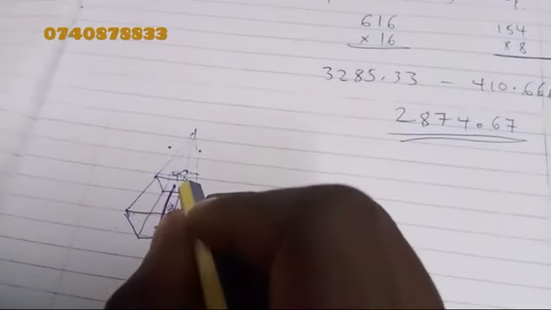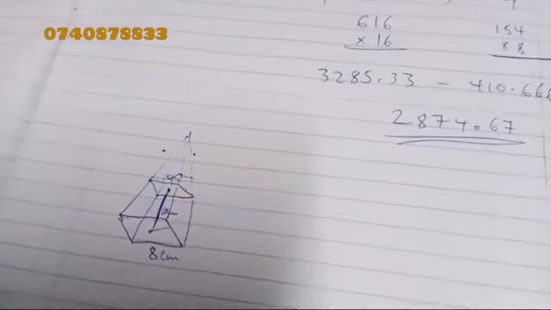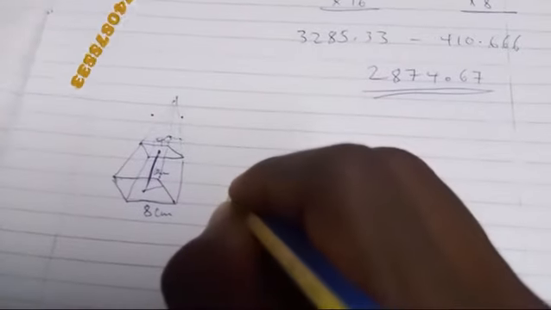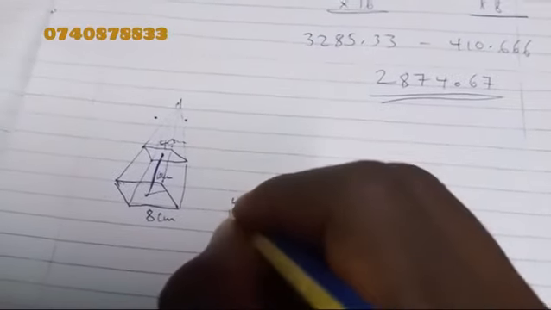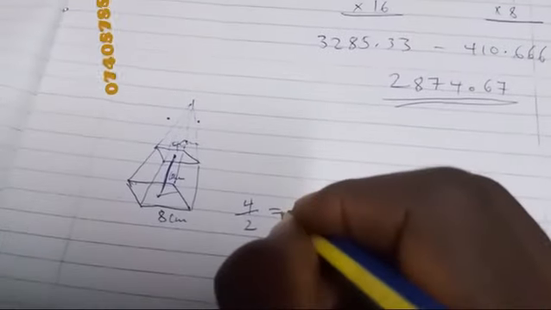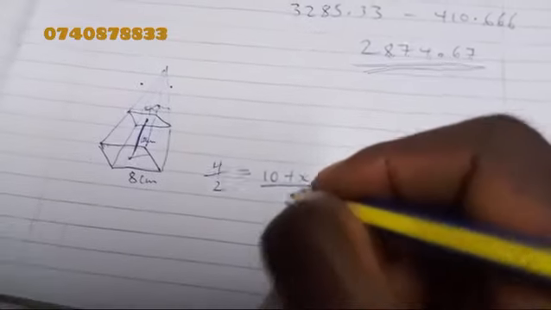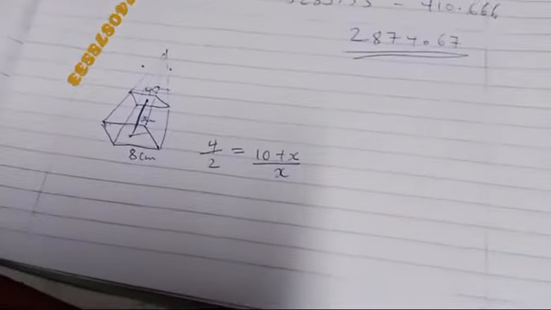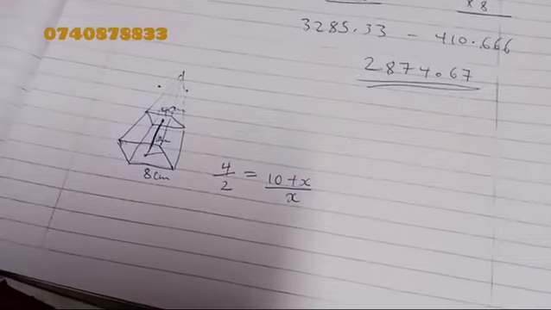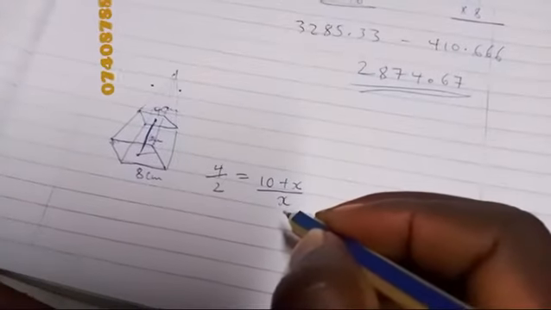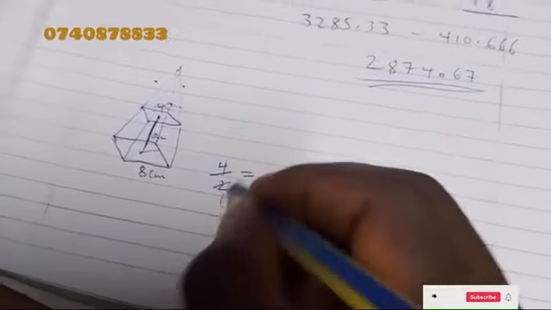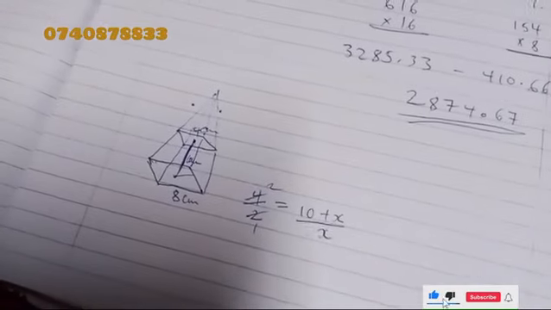So if this from here to here is 8, then its half will be 4. And here, since it's 4, its half will be just 2. So you say 4 over 2 will be equivalent to 10 plus x all over x, which is now the new height alone. And you can even cancel, and you get just 2.